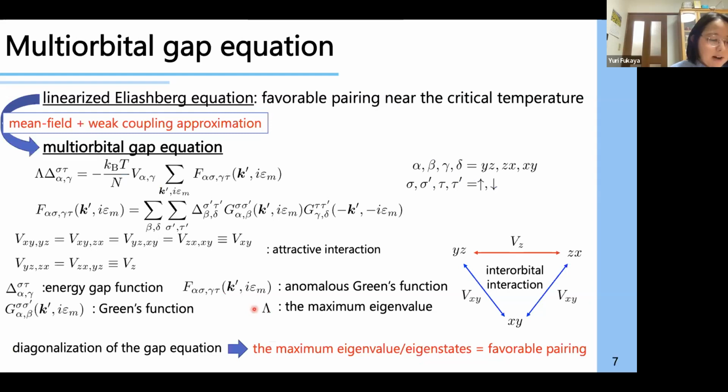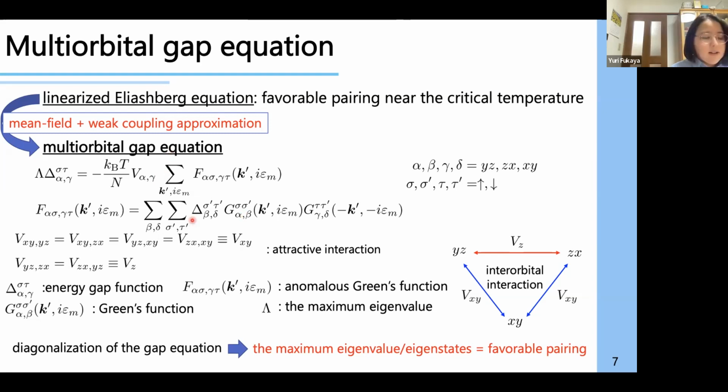To investigate the available interorbital pairing near the critical temperature, we introduce a linearized gap equation. This equation is difficult to solve, so we adopt the mean-field and weak-coupling approximations. With these approximations, we can obtain the multi-orbital gap equations like this.